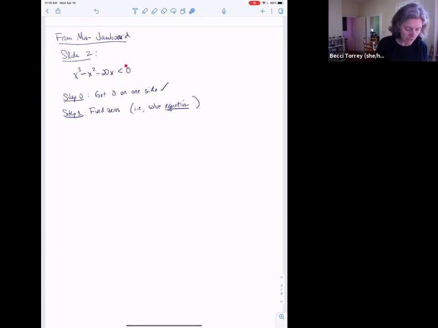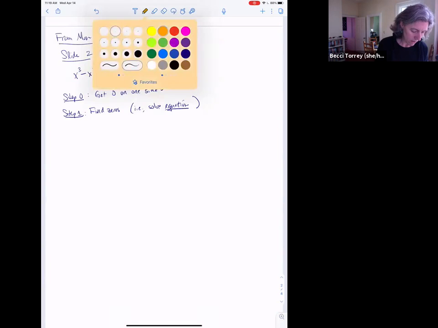So we really want to pay attention to the fact that we're solving an inequality. We're trying to find all the x values that we can plug into the left side that make this thing negative. Maybe I will even write this down.